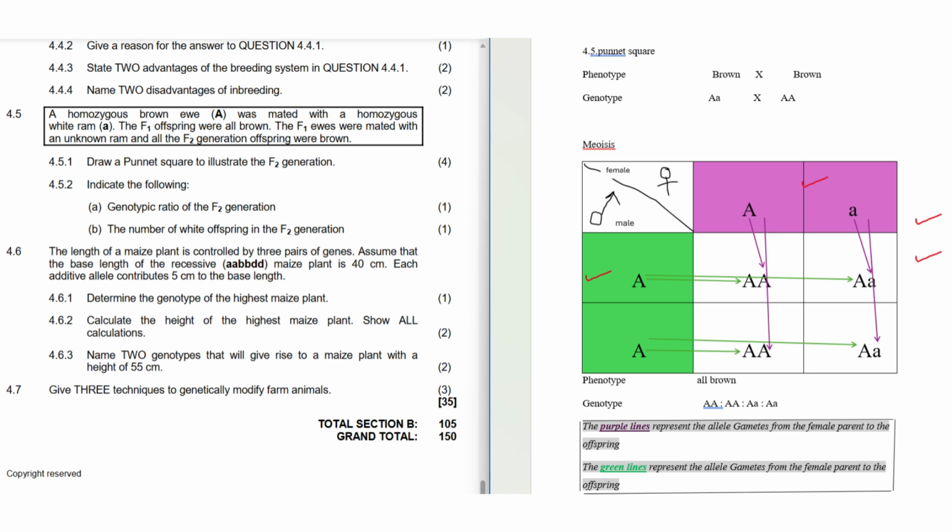That is a heterozygous condition. So we have two homozygous dominant. Two of our offspring have two capital letters, and two of our offspring have a heterozygous condition, dominant and recessive, from this crossing.